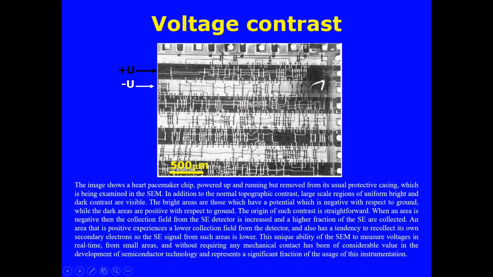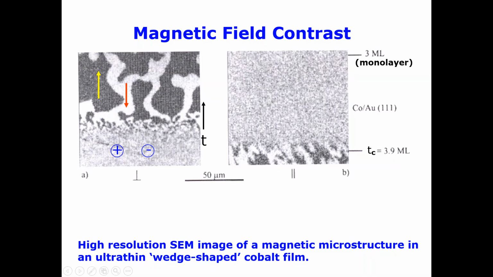Another type of contrast that we can get with the help of scanning electron microscopy is called magnetic field contrast. Here you can see we have two micrographs. These are high resolution SEM images of the magnetic microstructures in an ultra thin wedge shaped cobalt film.